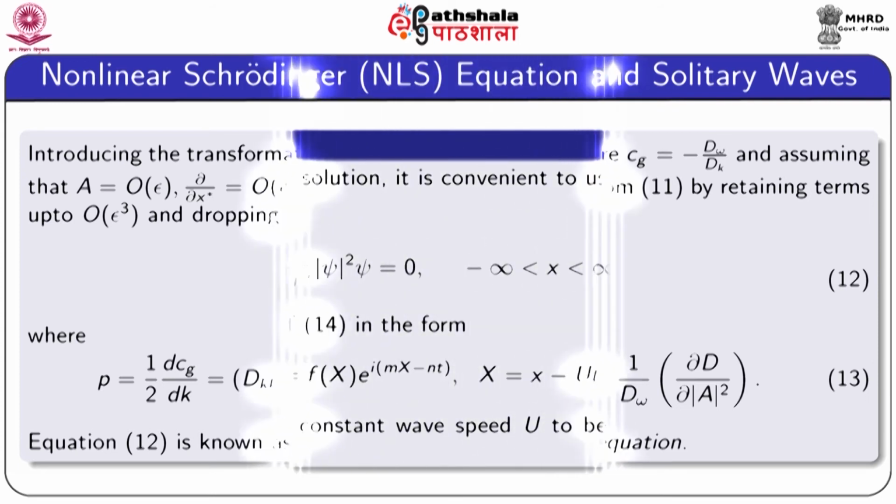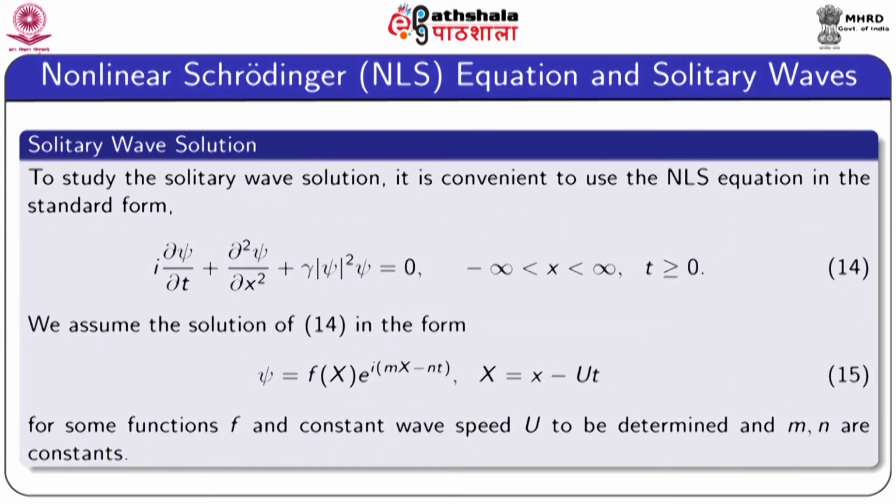Now, we want to solve the nonlinear Schrodinger's equation. To solve it, we take the standard form of the equation which is written in 14. We are interested in finding the solitary wave solution.